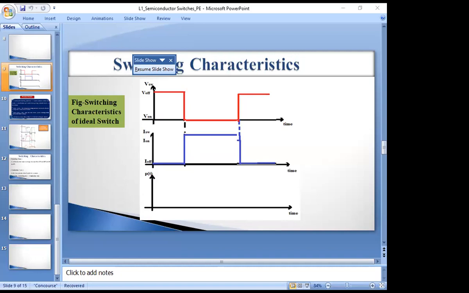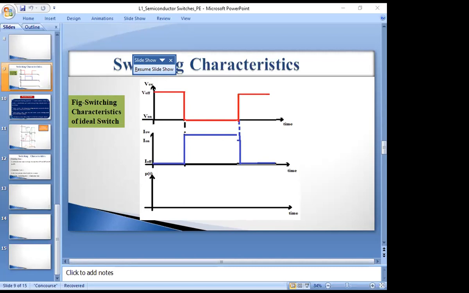So now here we can see, for example, this is the DC. The supply voltage is constant with a magnitude of 100. This is the 100. Clear?